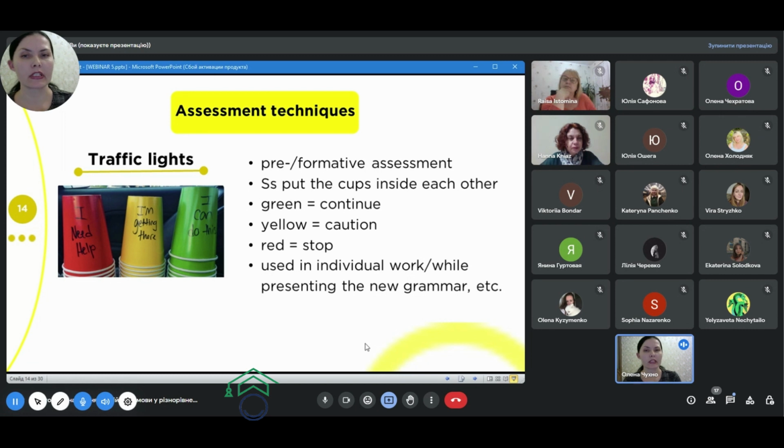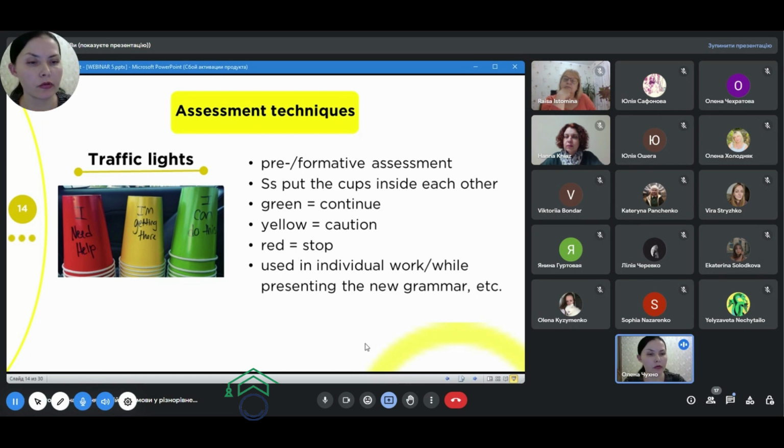This technique can be used as a pre-assessment. If you want to introduce the new topic, let it be some grammar structure, and you ask them whether they are familiar with this grammar structure, and they can just show the color. You will understand who needs detailed explanation and who needs just revision of the material.